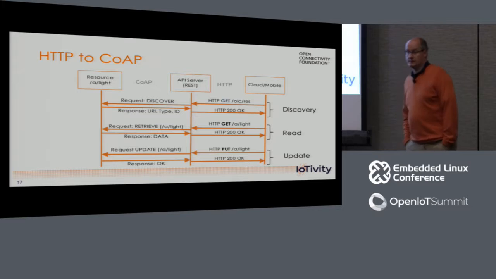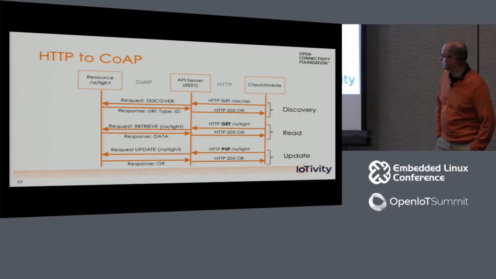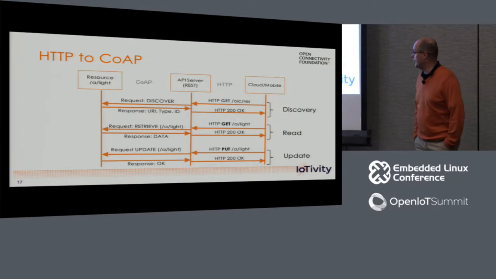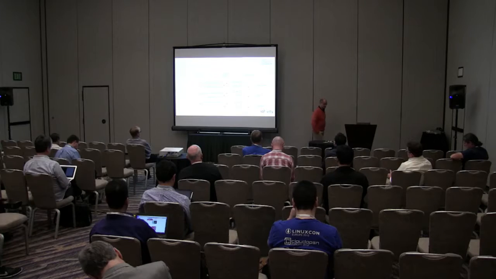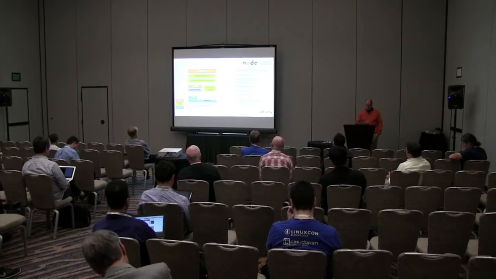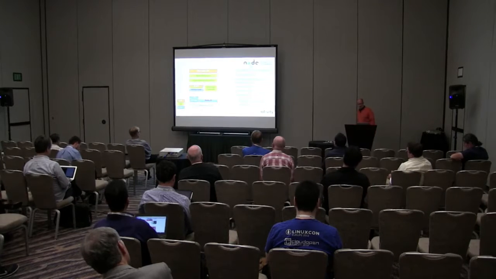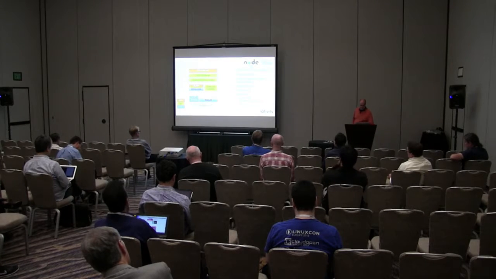So this is a pretty straightforward operation, and we didn't need to invent anything new because the OCF was already specifying the data models and the operations. Once again, a pretty similar looking picture.